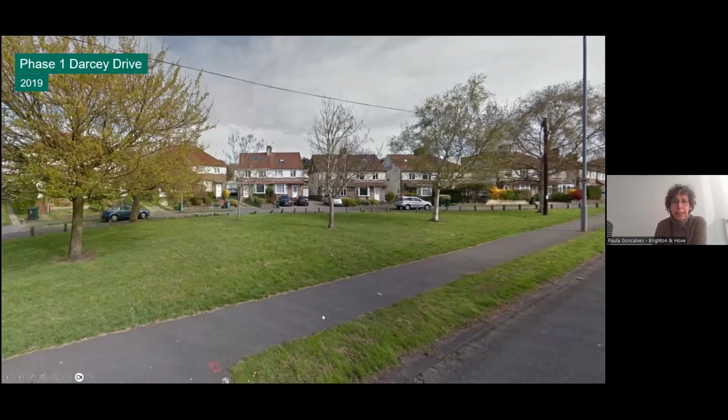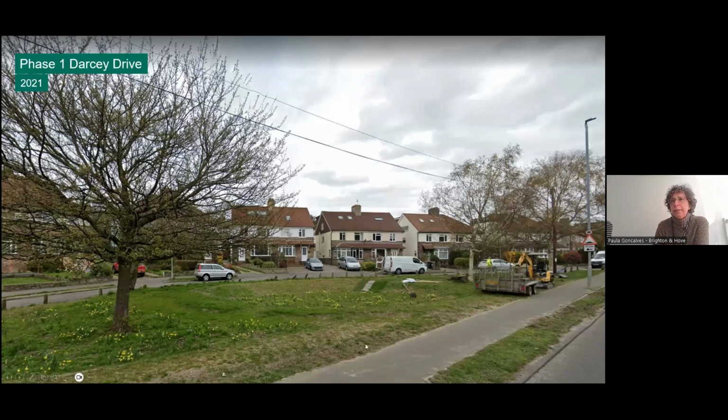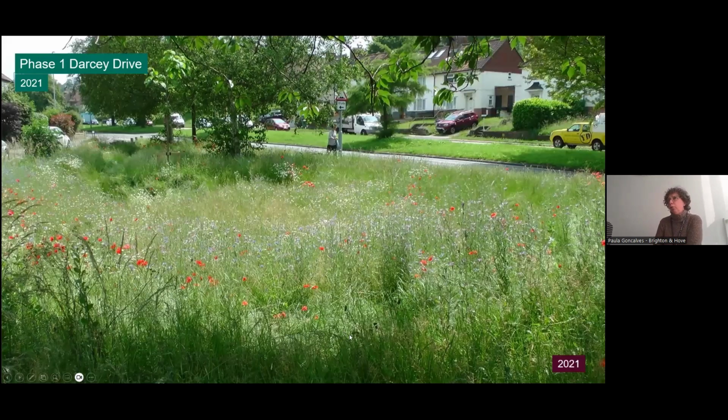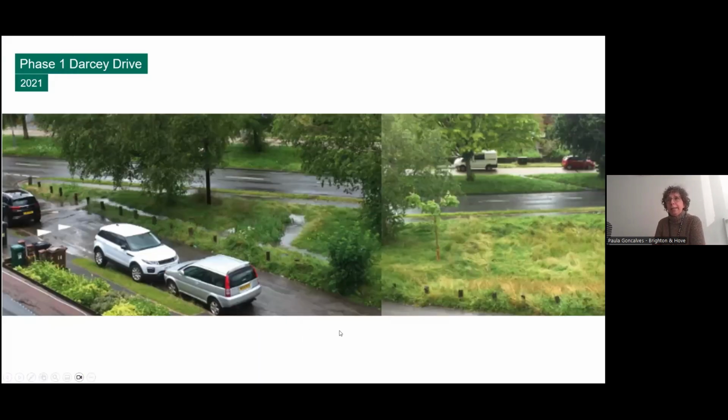So this is what phase 1 looked like originally, and then this is after the landscaping was done, and this is how it looks during the beginning of the spring. And then this is it with water in it. You can see here how the water gets in, the swale.